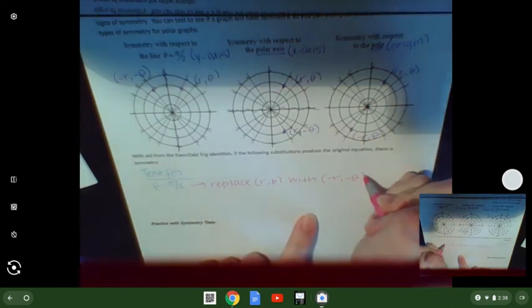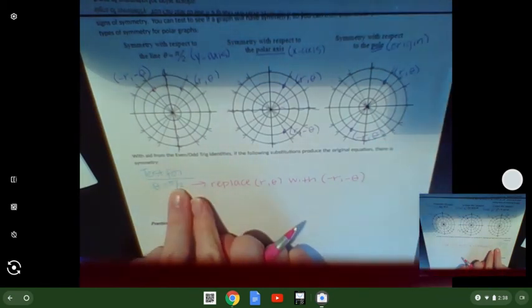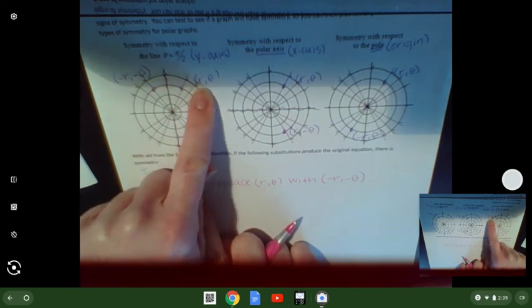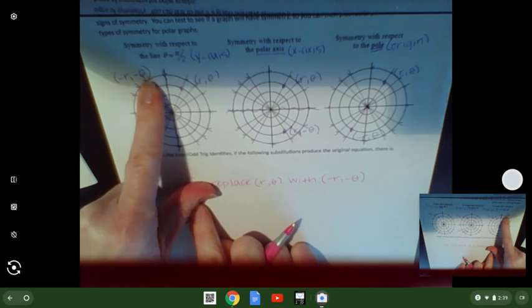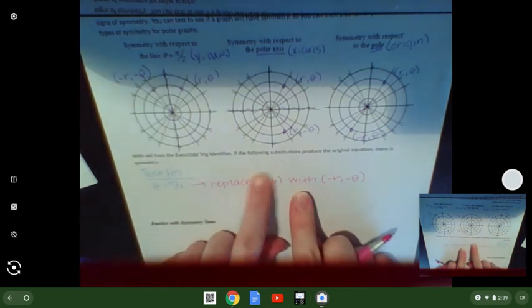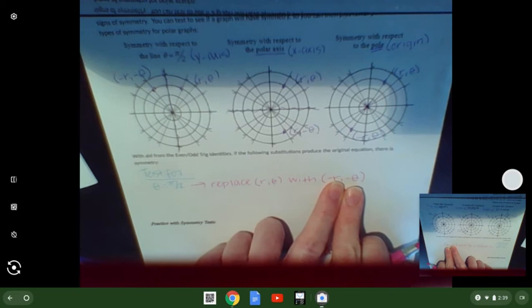And here is why. Because if I have symmetry with respect to the line theta equals pi over 2, then not only do I have the point r theta, I have the point negative r negative theta. So I'm going to replace with this extra set of points.